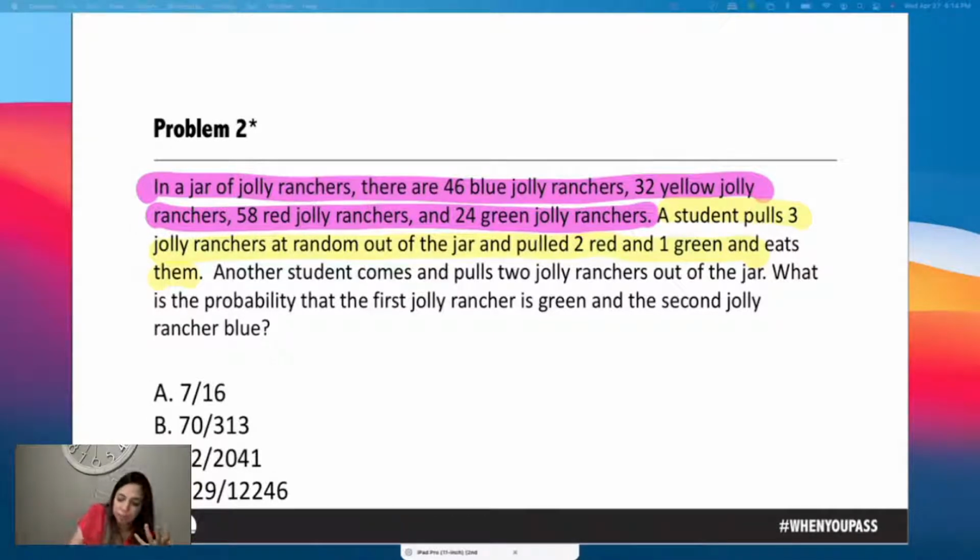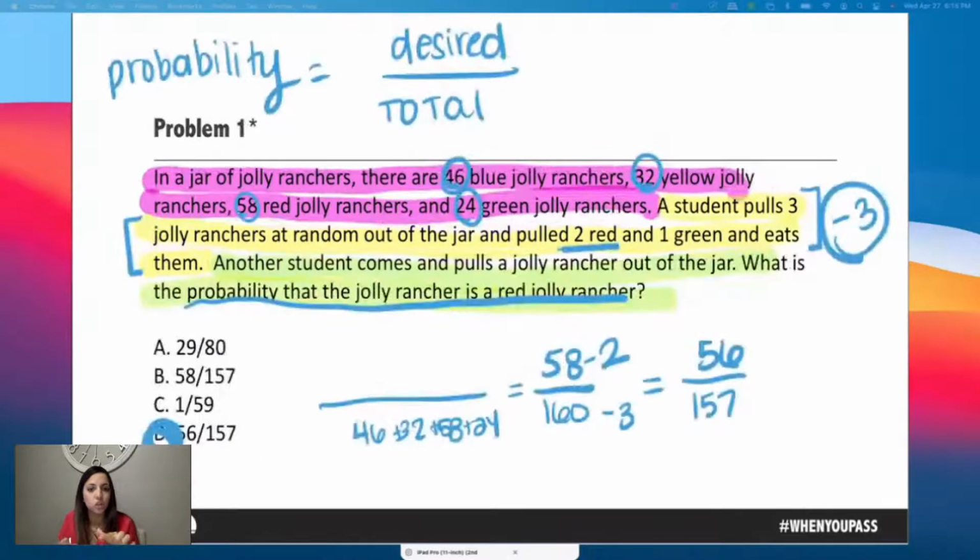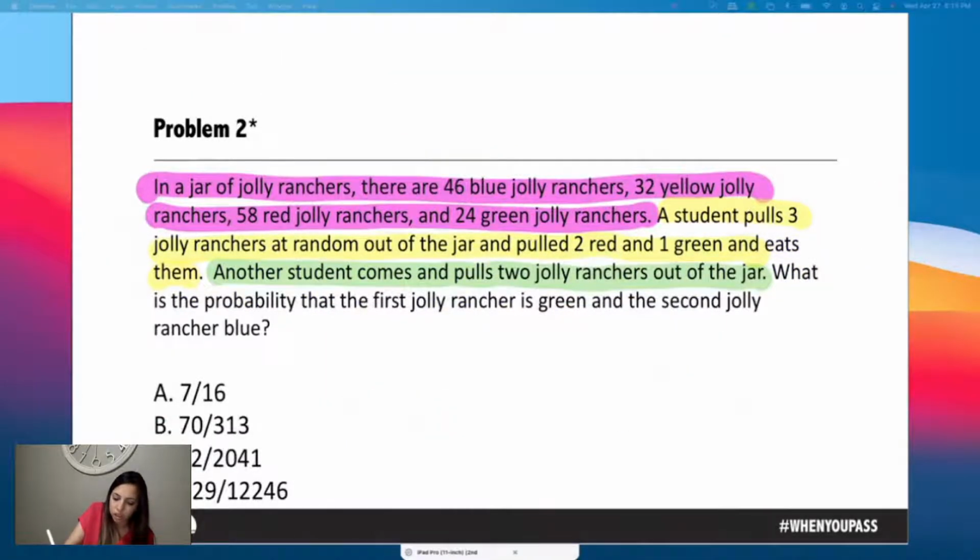All the same. And then another student comes along and pulls 2 Jolly Ranchers out of the jar this time. Not just 1. What is the probability that the first Jolly Rancher is green and the second Jolly Rancher is blue?